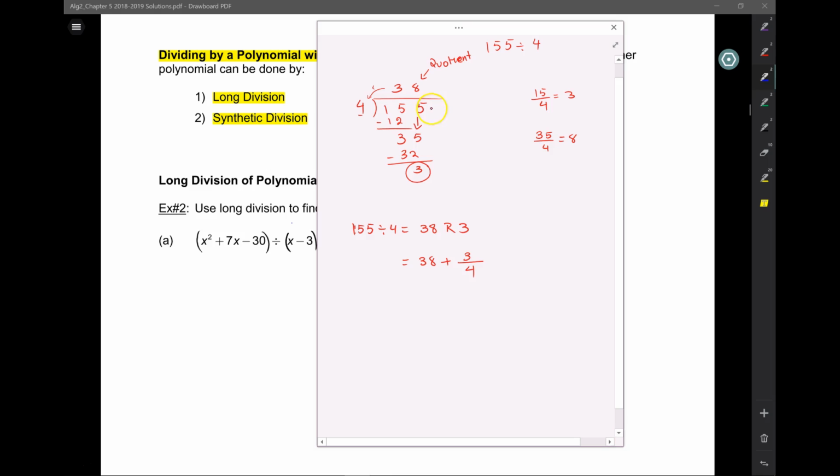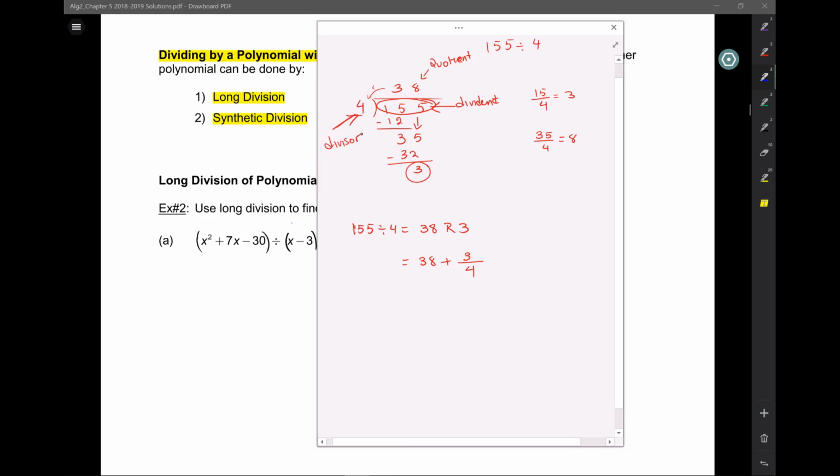Does anybody know what you call the 155? It's the dividend. And what's the 4? The divisor.